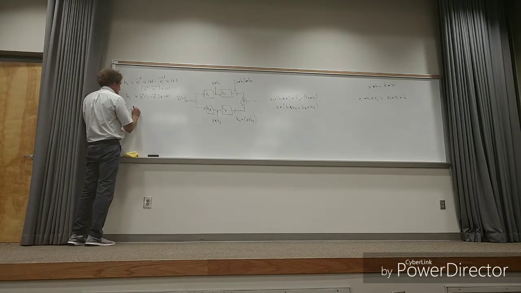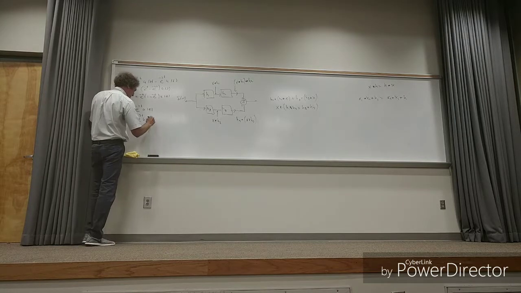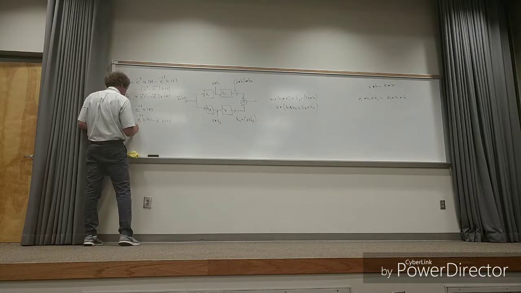E to the negative 3t u of t. And now it's h3 of t. It's e to the negative 3t u of t minus e to the negative 2t u of t. I'm going to break this up.